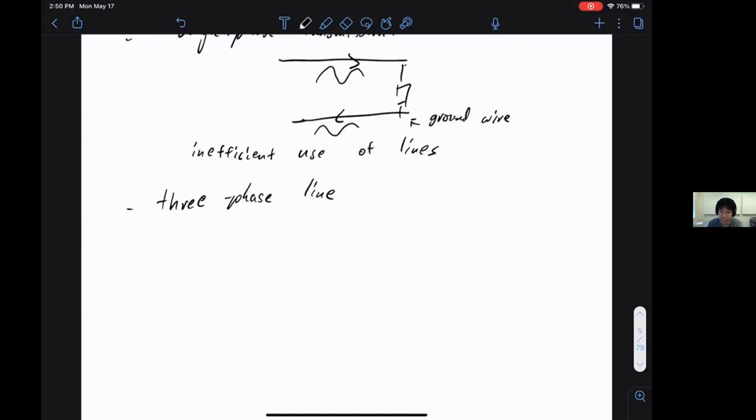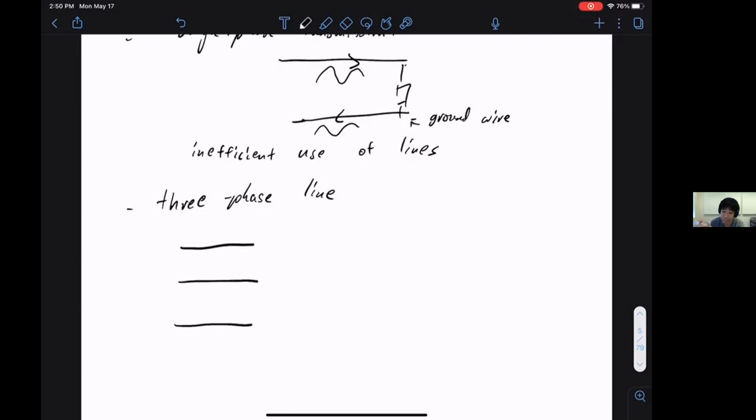So of course you cannot have the same phase on the same line, right? On one line you can only have one sine wave. But it turns out a simple calculation will tell you it suffices if you have three lines. And what happens when you have three lines is you can phase shift each of them by 120 degrees.